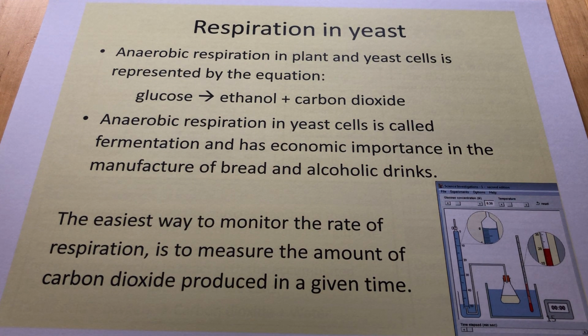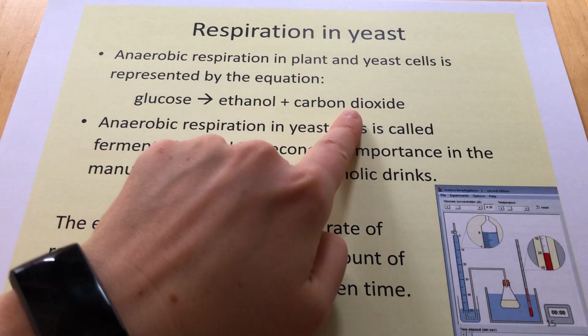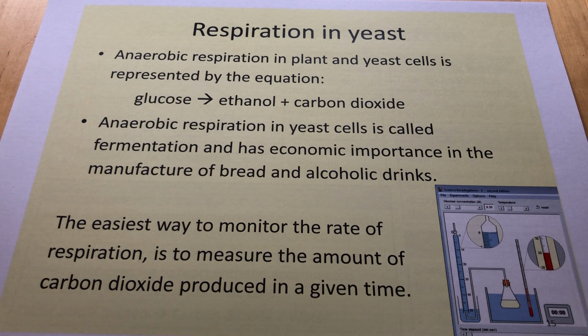Okay, so we can use this in fermentation to make alcoholic drinks, and we can use yeast in bread making because those bubbles of air holes in the bread is actually the yeast producing the carbon dioxide. Okay, so two uses of it there.